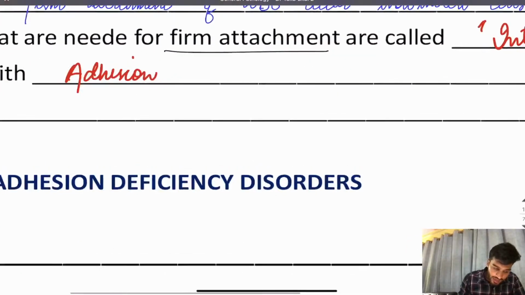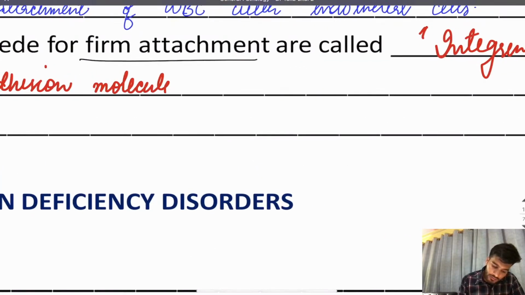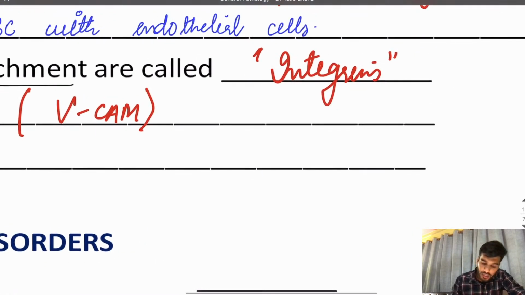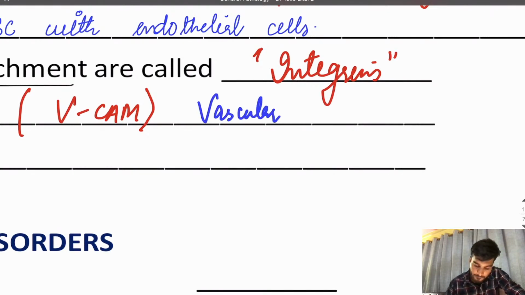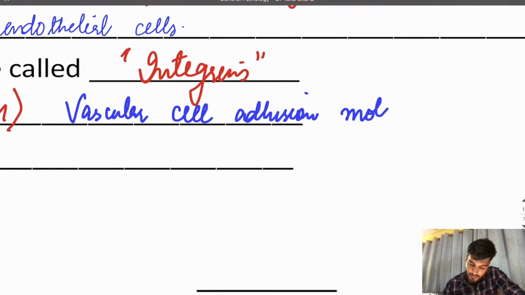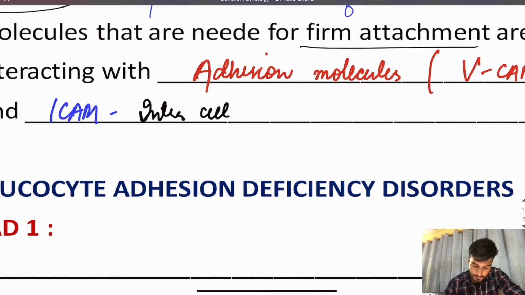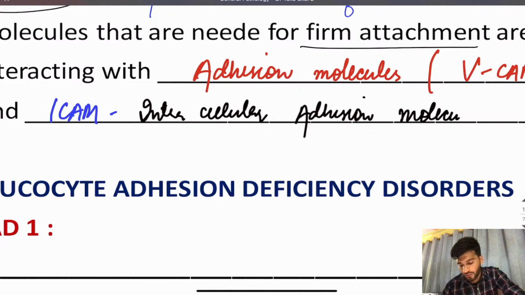So write it down, guys. They are interacting with the adhesion molecules. VCAM: vascular cell adhesion molecule, and another adhesion molecule called ICAM, intracellular adhesion molecule.